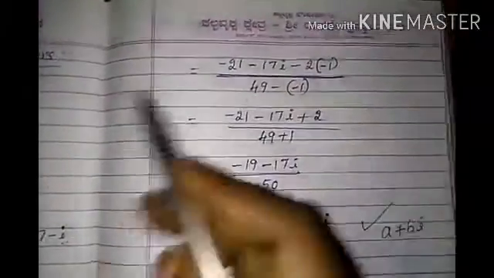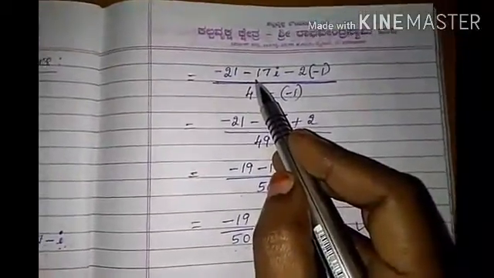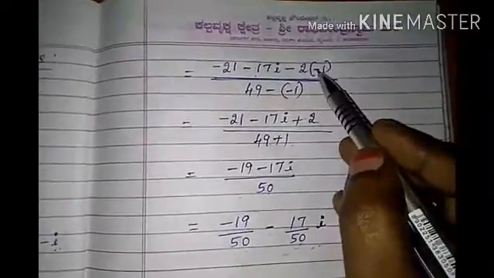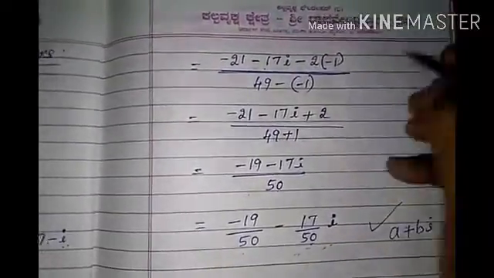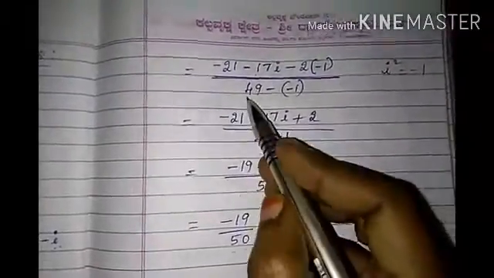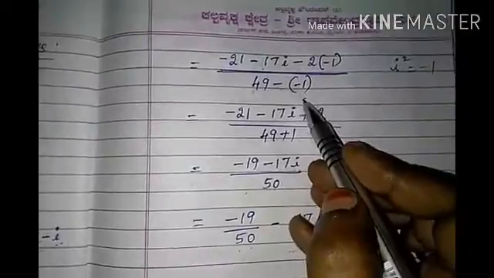The numerator is minus 21, and minus 3i minus 14i gives minus 17i, minus 2 into minus 1, since the value of i square is minus 1. This is divided by 49 minus of minus 1, since here also the value of i square is minus 1.